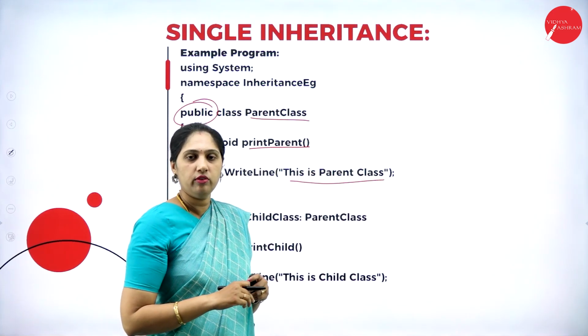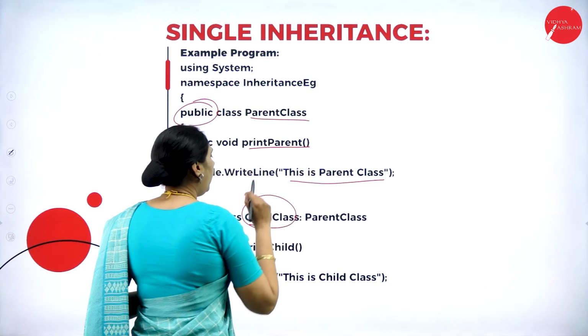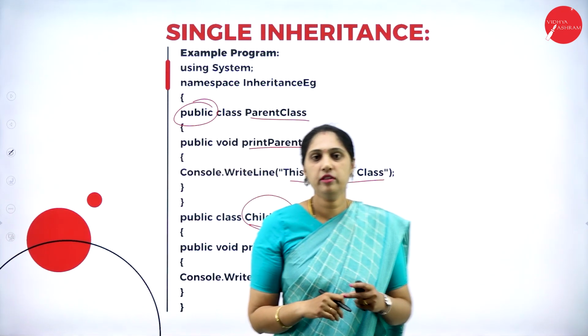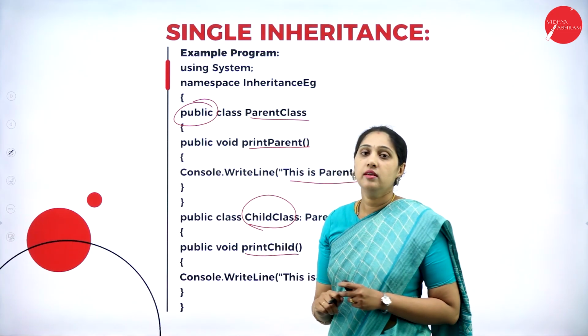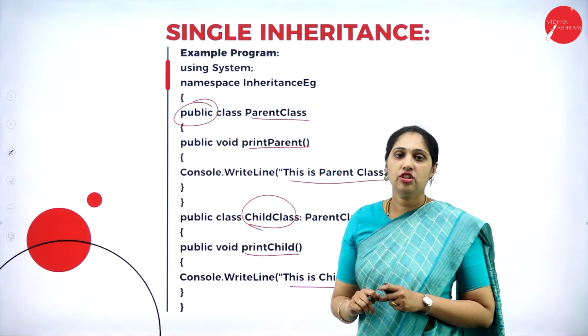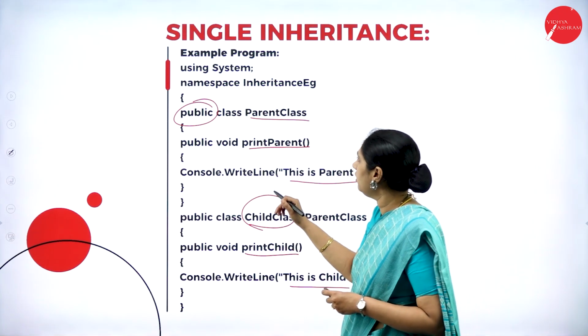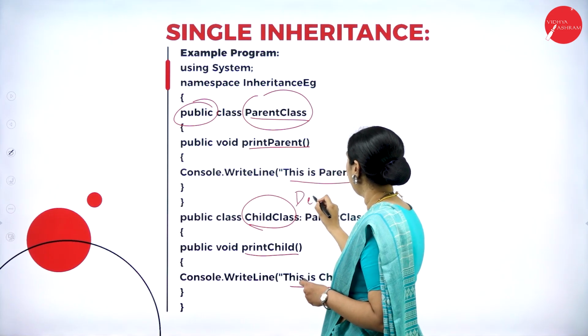So this is over, the parent class. Next we'll have a child class, which will inherit from the parent class. Again this will have a method, say print child, which says this is a child class. So this is the base class and this is the derived class.